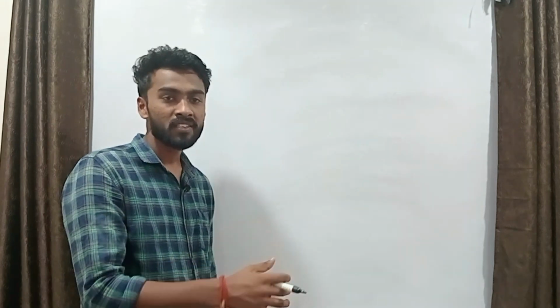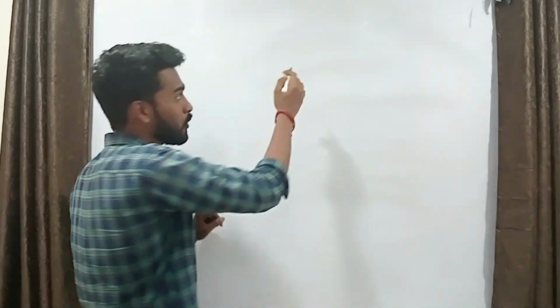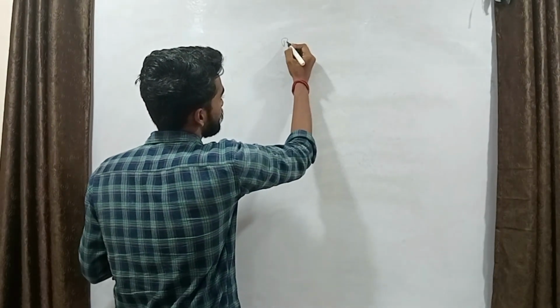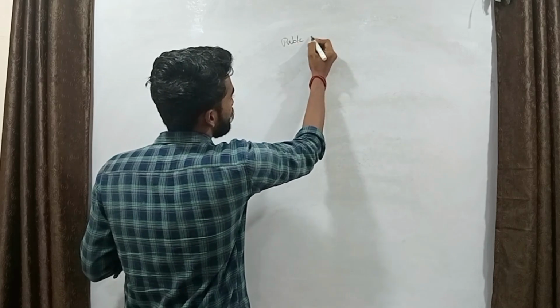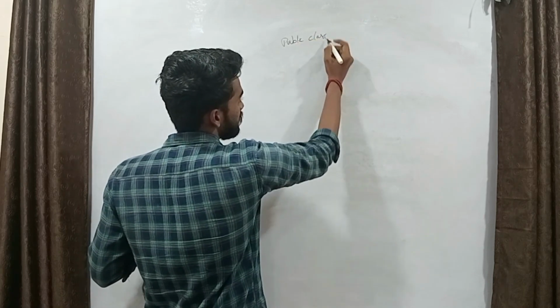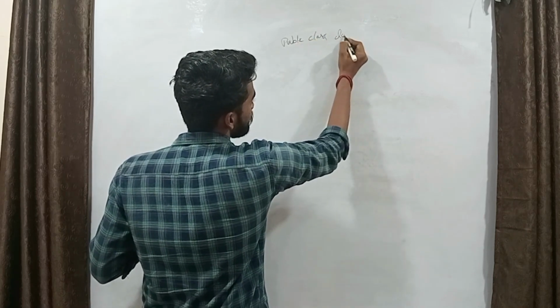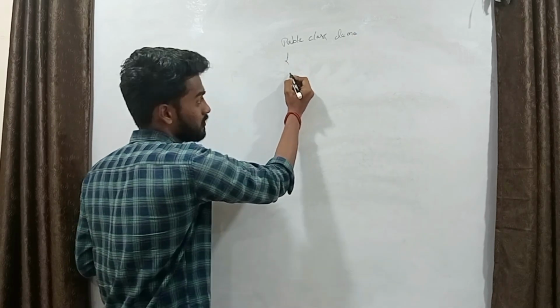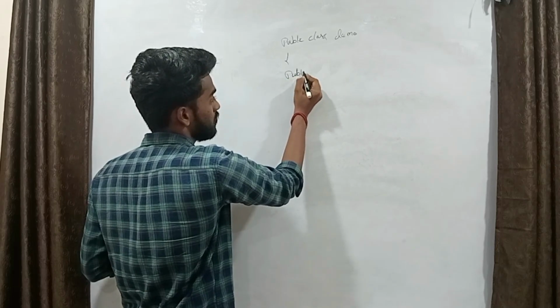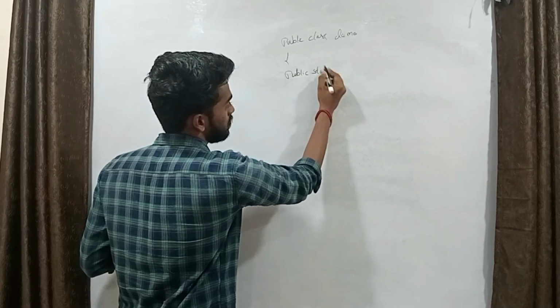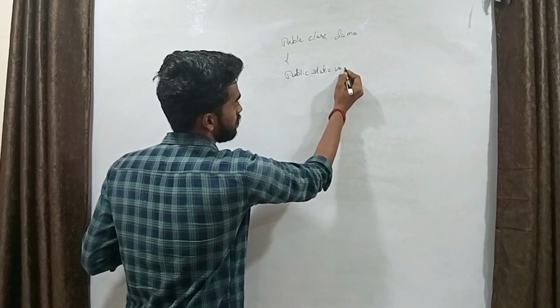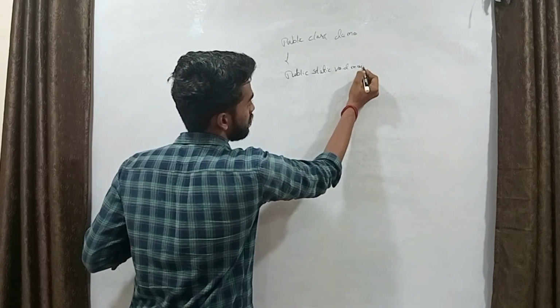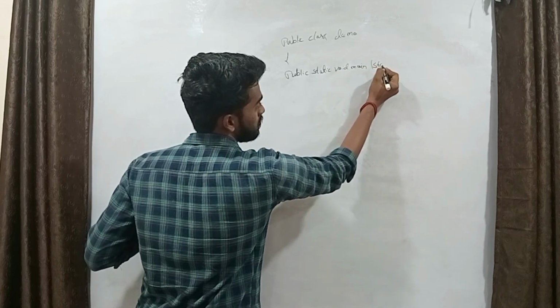And now discussing about StringBuffer. For StringBuffer, as we said at the start, StringBuffer is mutable. Now I am writing a program, writing a class. Public class. Here I am taking the class name as Demo and writing the main method, main String args.